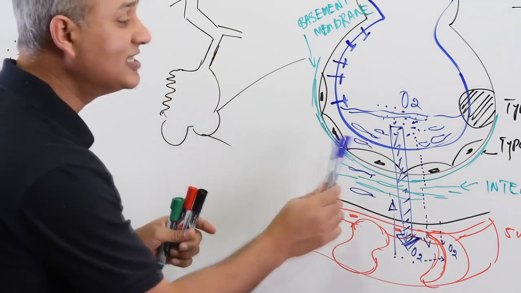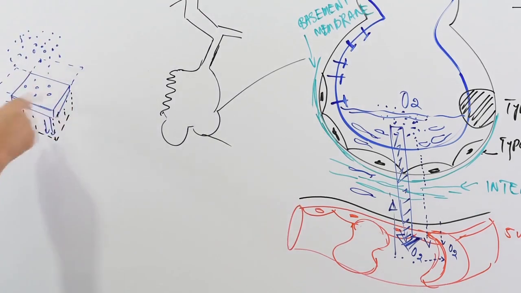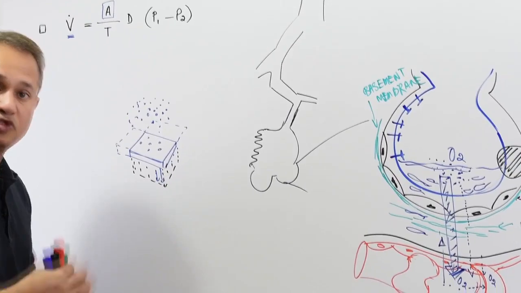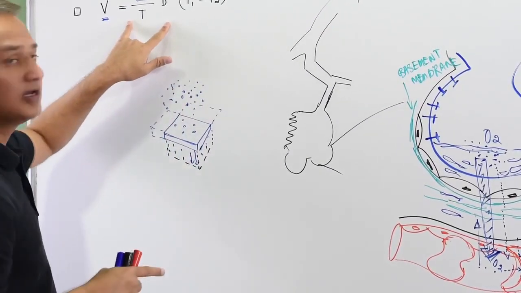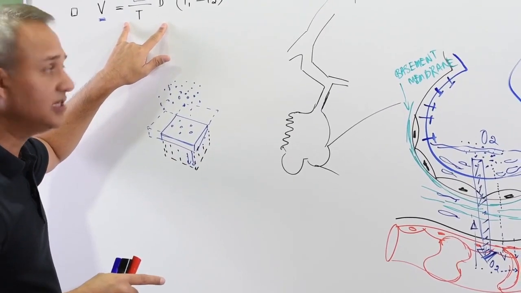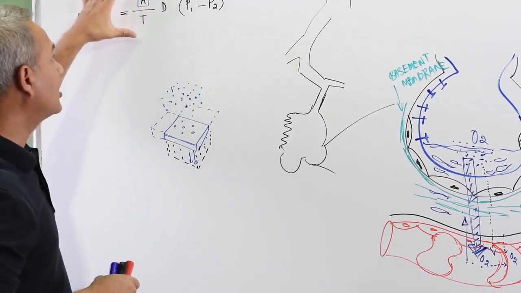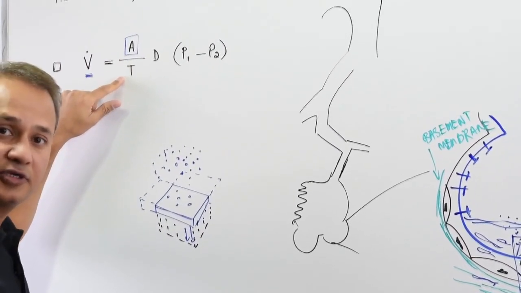Now this is a physical problem. This is a structural problem. Surface area was also a structural problem. In this Fick's law, you have two structural parameters that you can change and you have two gas parameters that you can change. So we are talking about structural parameters, surface area and the thickness of the membrane.